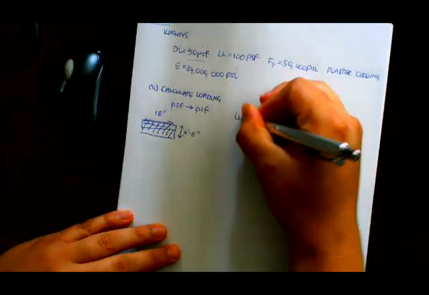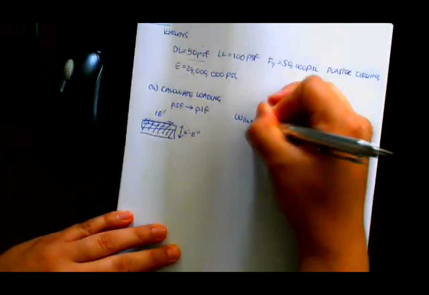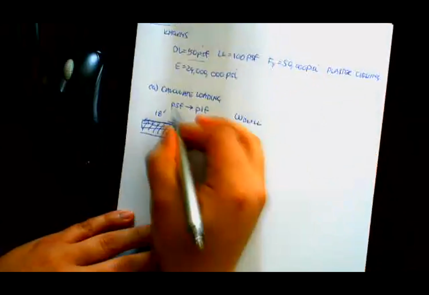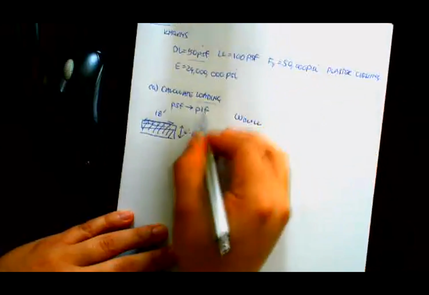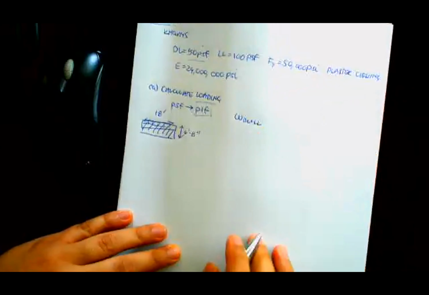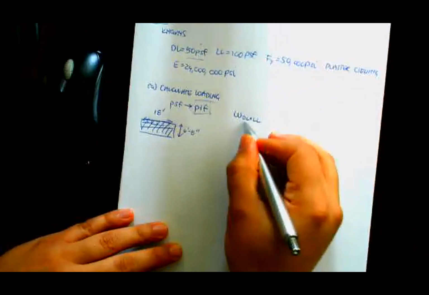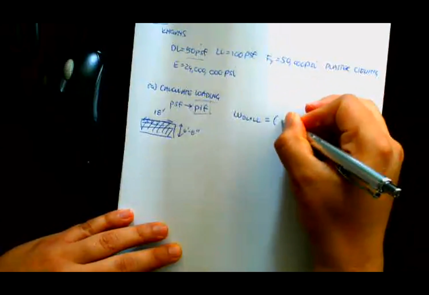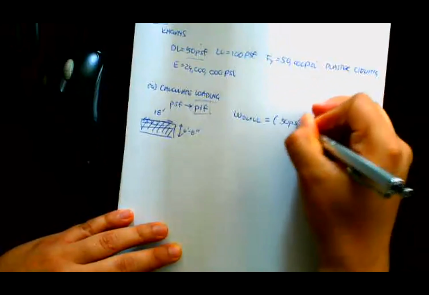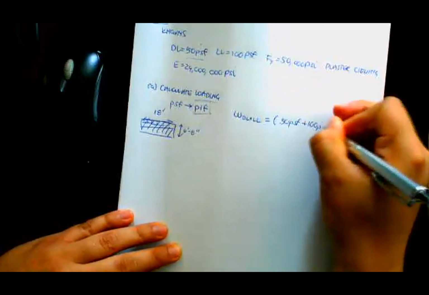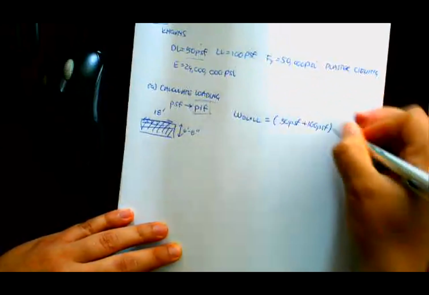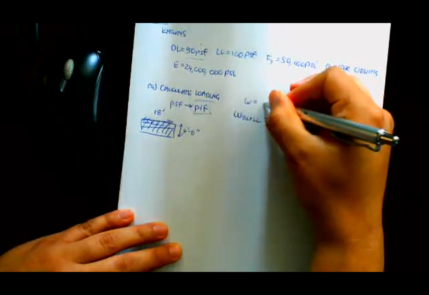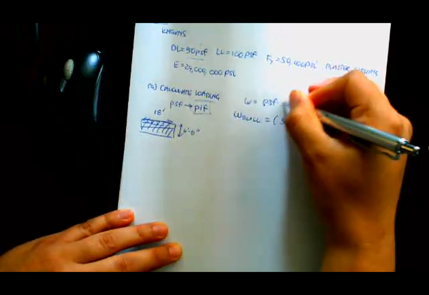Normally I'd break it up, but I'm going to say the W of dead load plus live load, meaning the load, because load is considered in PLF. The W of dead load plus live load is equal to the 50 PSF plus the 100 PSF times tributary width. So W is equal to basically the PSF times tributary width.